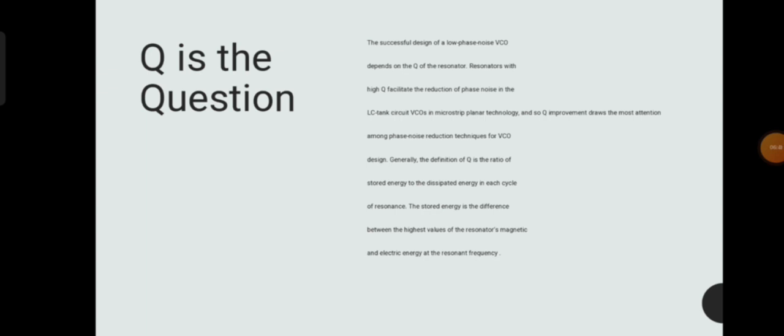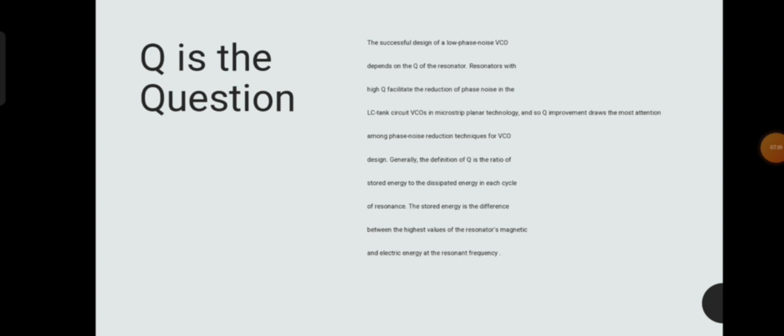Q is the question. The successful design of a low phase noise VCO depends on the Q of the resonator. With high Q factors, the reduction of phase noise in LC tank circuits in microstrip planar technology draws the most attention among phase noise reduction techniques for VCOs.